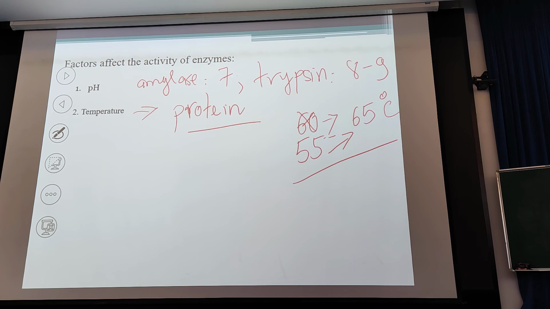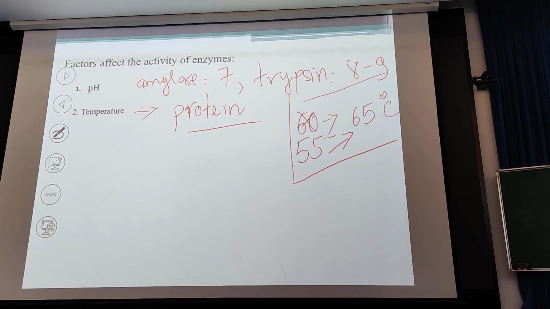At that temperature, the human enzyme cannot work, because most human enzymes are made of protein, and at 55 to 65 degrees the human enzyme will be denatured. The enzyme will break, the active site loses its shape, and there is no more work.